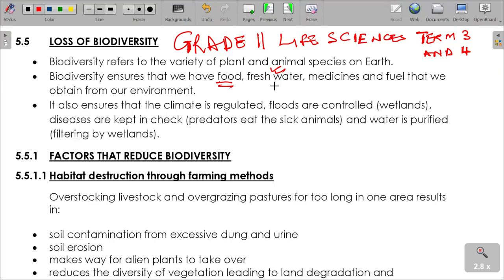Biodiversity also ensures that we have medicines and fuel that we obtain from the environment. Ensuring that biodiversity is there ensures healthy living of people in general.